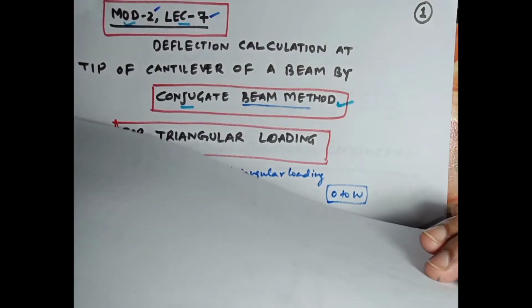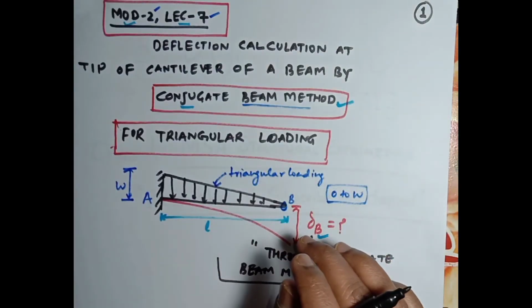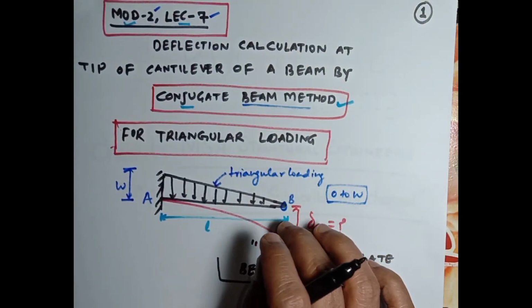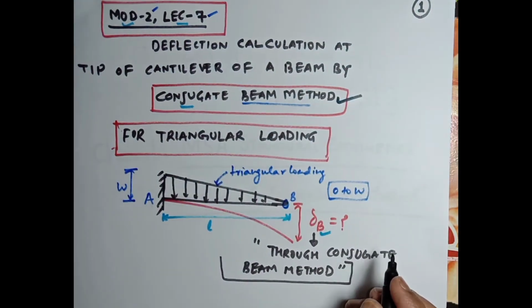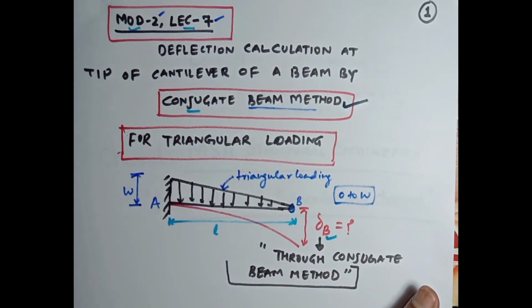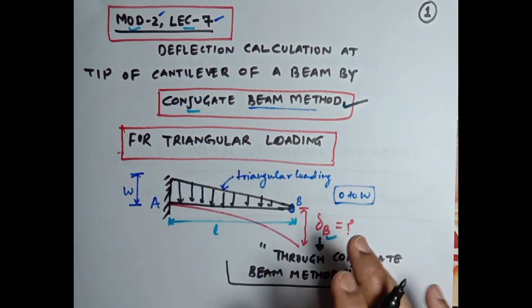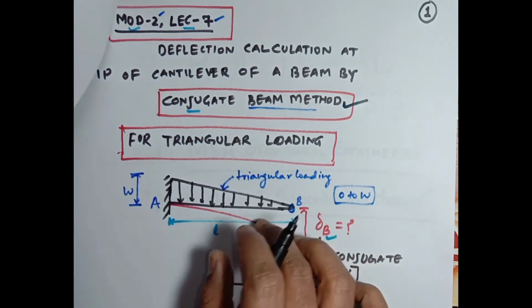Now we are going to solve the same problem and deflection delta B using the conjugate beam method. Now let's proceed with the conjugate beam method for triangular loading for this cantilever beam at point B for deflection calculation.